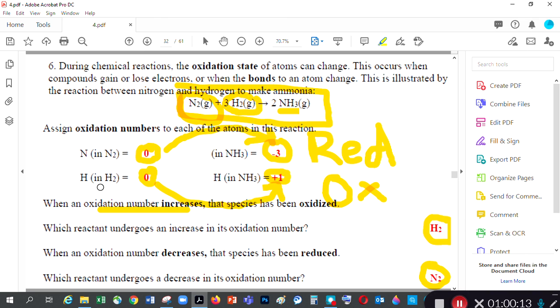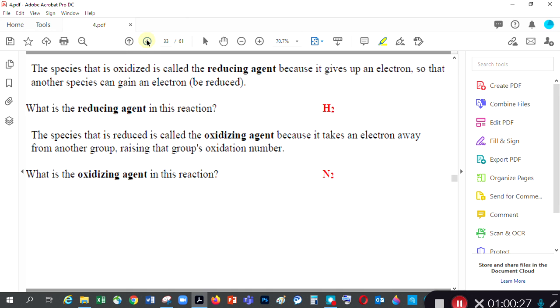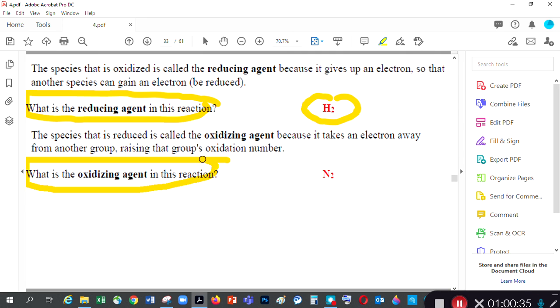Second question, what does hydrogen do to nitrogen? Hydrogen is forcing nitrogen to be reduced. So hydrogen is a reducing agent. And that's what we have here: hydrogen is the reducing agent, and the oxidizing agent is nitrogen.